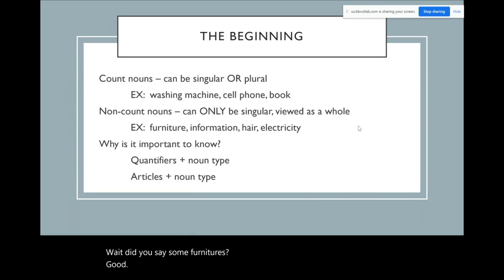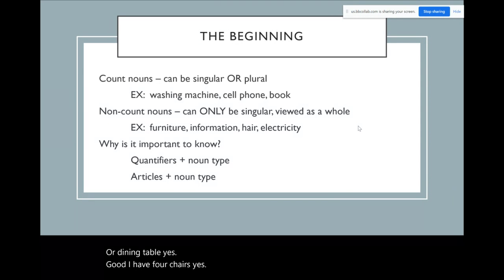I have a TV, a sofa. I have a dining room table. Dining table, yes. I have 4 chairs. Good. I have 4 chairs.